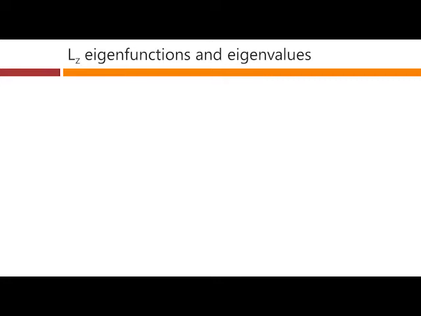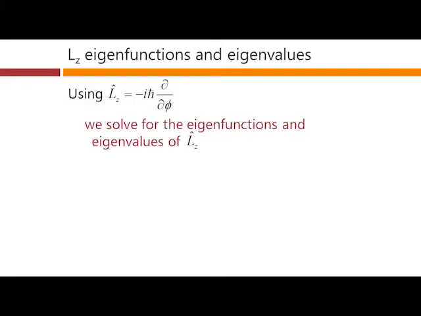Now, because we've got such a simple expression for the Lz operator, we can look right away at its eigenfunctions and eigenvalues. Using this expression for Lz, we can solve for those eigenfunctions and eigenvalues. It's rather simple. The eigenequation would be some eigenvalue times the same function, of course.